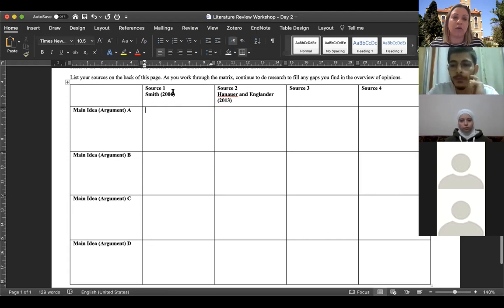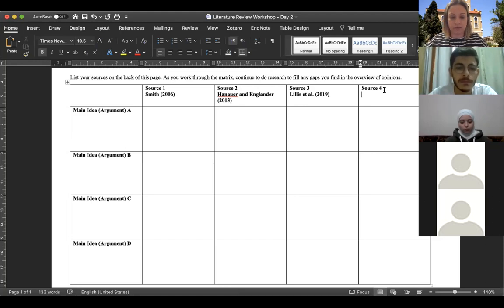This method: you always save your articles by putting the author's last name and the year. If you have more than two authors, put, for example, Hanauer, et al., and then the year. Okay? So I'm going to put here Lillis, this is one of the authors I'm working with, et al., and then I'll put 2019, right?